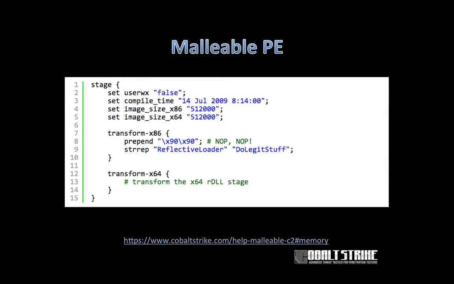We changed the size of the chunk of memory Beacon's DLL allocates for itself from its default of, I can't remember, 260 kilobytes or so, to 512 kilobytes. We take advantage of transform-x86 to prepend NOP instructions to the beginning of the DLL, and we get rid of the known string ReflectiveLoader and change it to do legit stuff. So that's an example of a Malleable PE segment of a Malleable C2 profile.